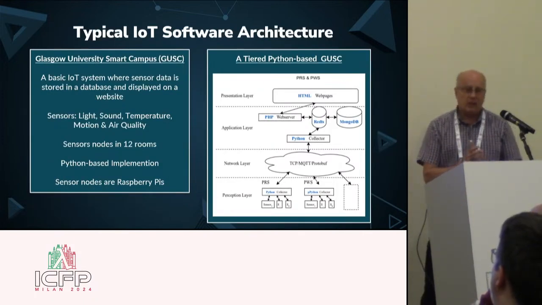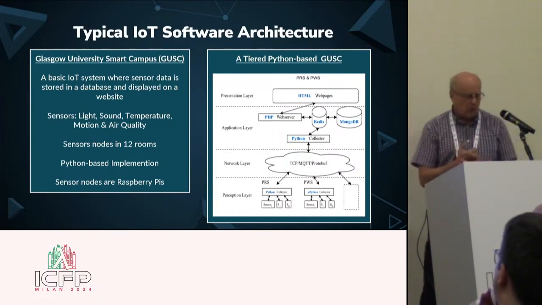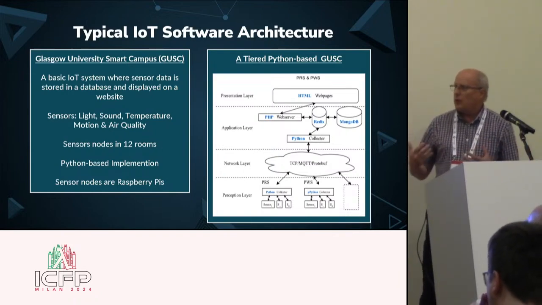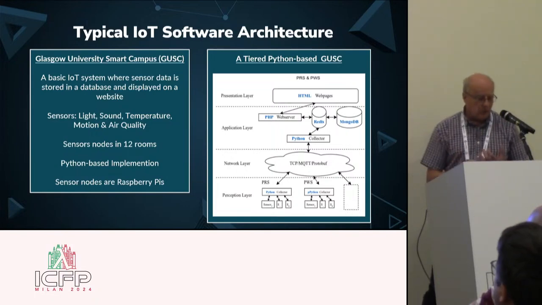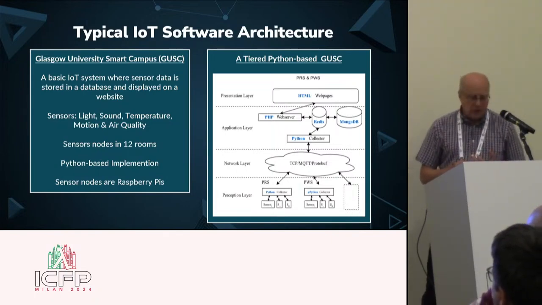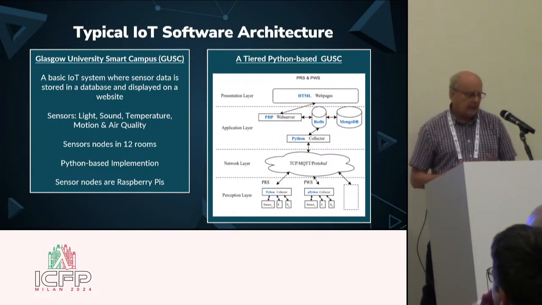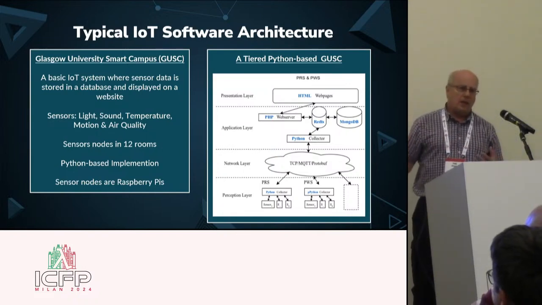IoT software is a mess, conventionally. So I'm going to talk about a specific example, so it can be concrete, but it's absolutely typical. The Glasgow Uni Smart Campus system, which I'm going to abbreviate as GUSC, is a classic room sensing application.